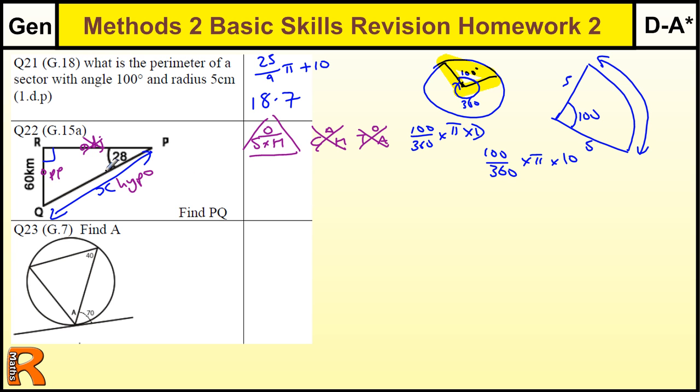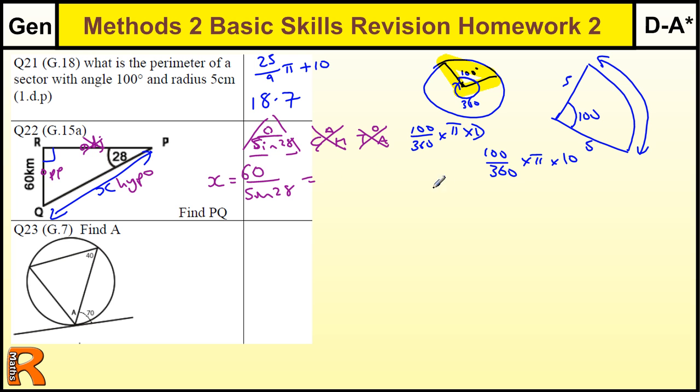If we want to find the hypotenuse and call that x, we just rub that out. That just leaves us with opposite over the sine of 28. So the hypotenuse x is equal to the opposite over sine 28. And the opposite side is 60, so let's just put that in there.